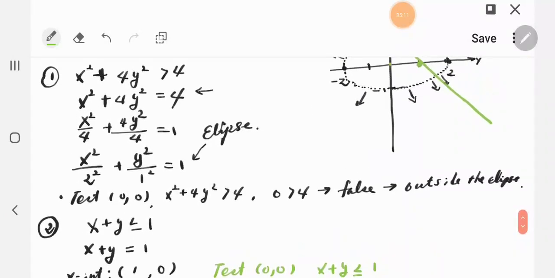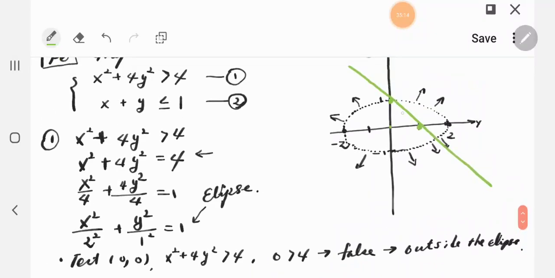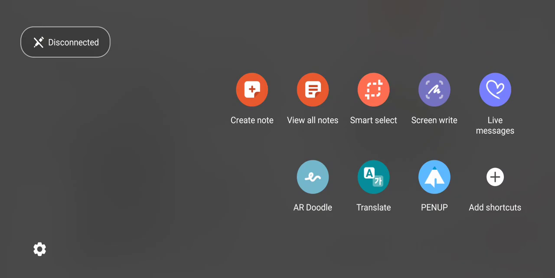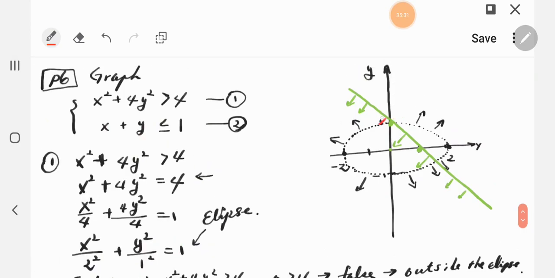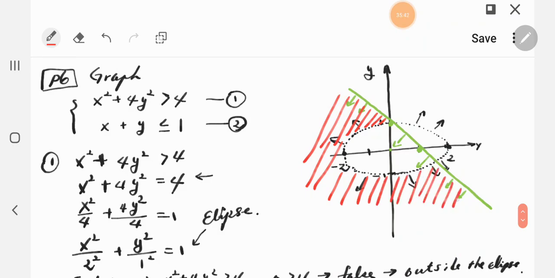Okay, so 0, 0 is a solution. So we will select the area below this line, and outside the circle. So the common area is below the line and outside the circle, this area, right? All the area over here, including the solid line. So that is the solution of this system of inequalities.